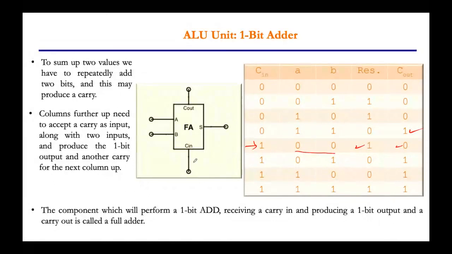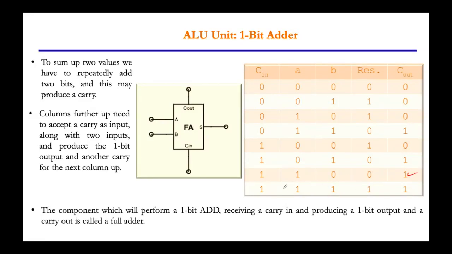When carry in is 1 and the combination is A is 0 and B is 1, result is 0 because 1 plus 1 is 1, 0, so the result is 0, and 1 is carry out. If carry in is 1 and input A is 1 and B is 0, then 1 plus 1 is 2, 2 plus 0 is 2. So 2 is written as 1, 0, and 0 will be the result here.